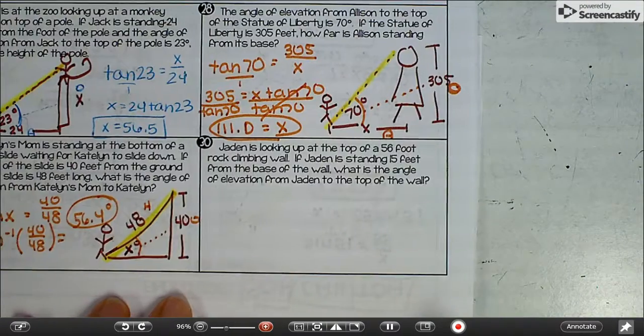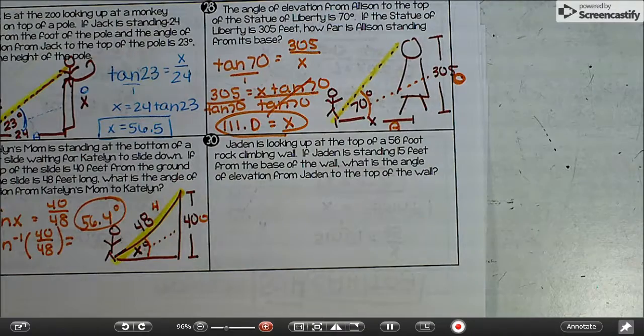All right, try number 30. See if you can draw that picture and then come up with your equation.